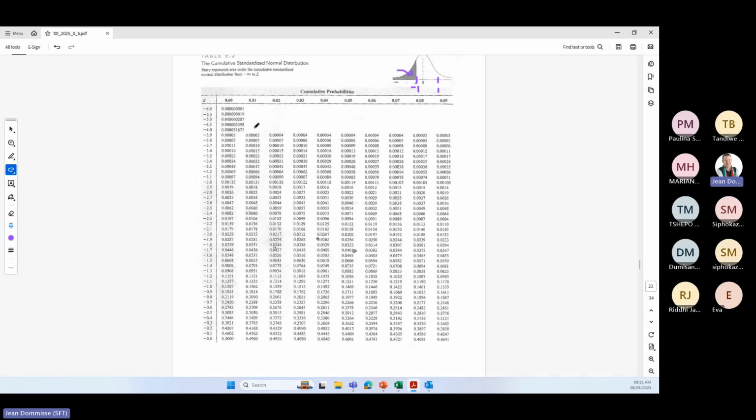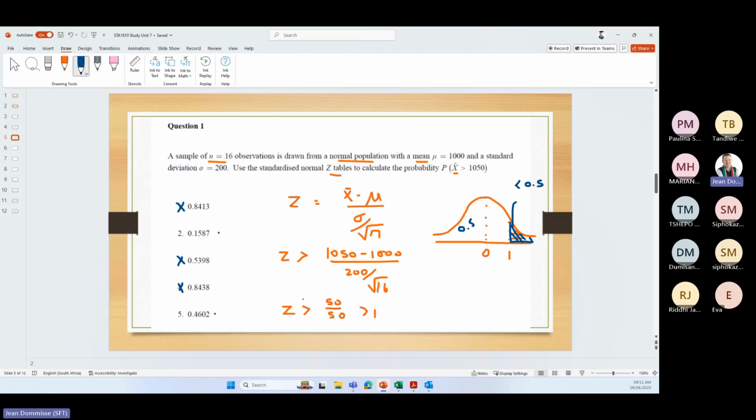So from this table, Z minus 1 is going to be 0.1587. Okay, so let's then go back.